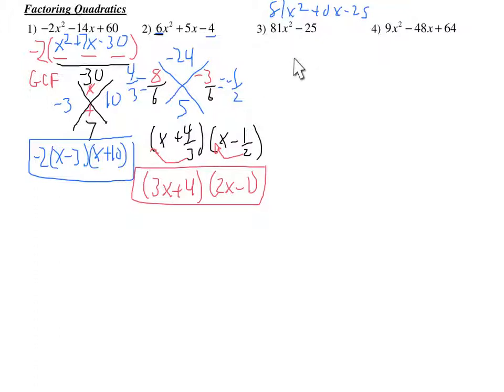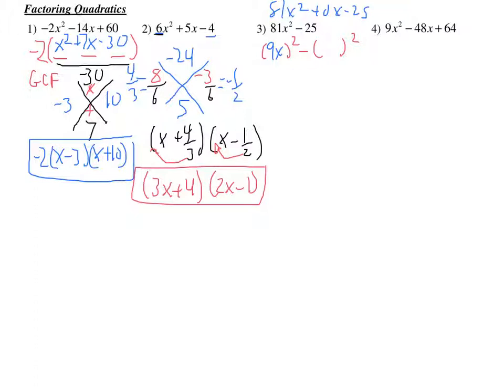Now this shortcut only works if it's both squared with a minus between. It's a shortcut that only works for special cases. Here's what you're looking for. What squared gives you 81x squared, and what squared gives you 25? The first one, what squared gives you 81x squared? 9x, because isn't 9x times 9x 81x squared?